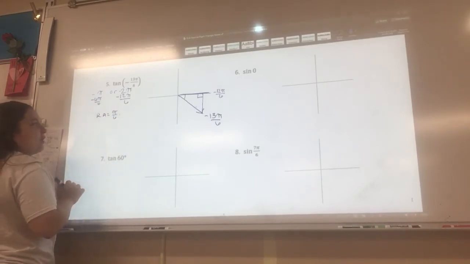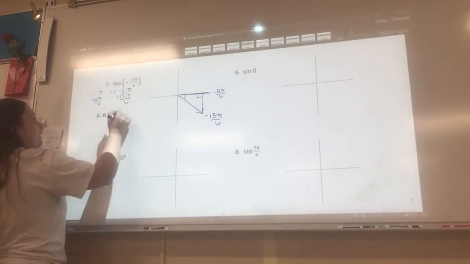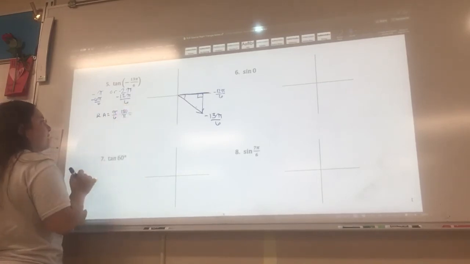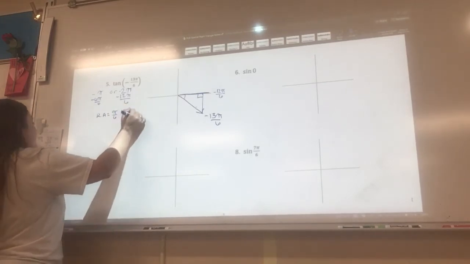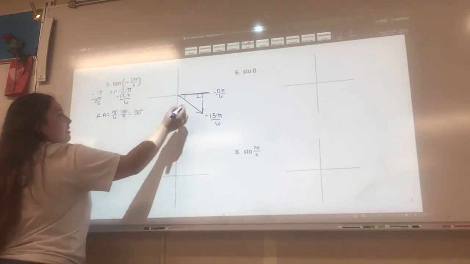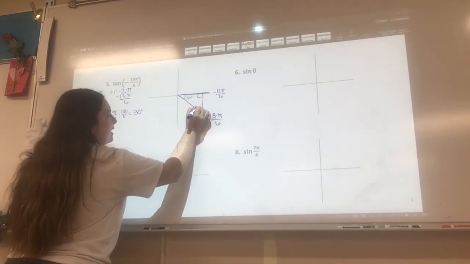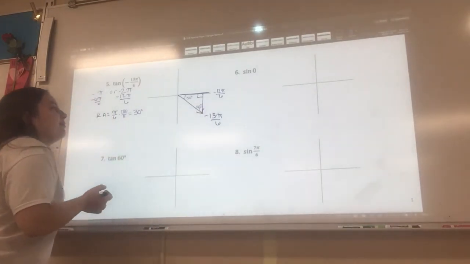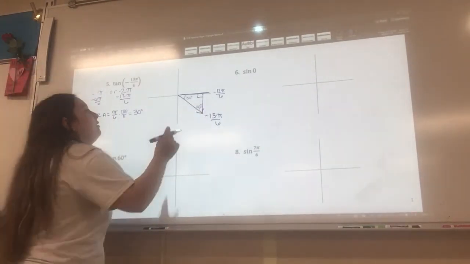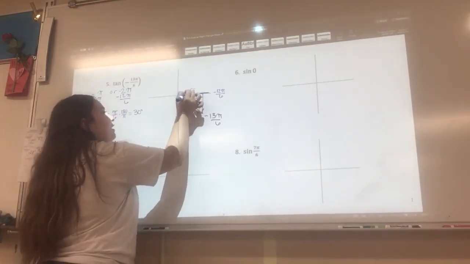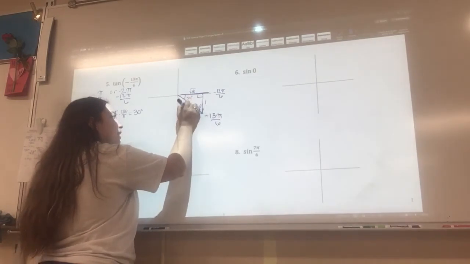So we need to convert it because we need a degree for our triangles to use our special side lengths. And we're going to see pi over 6 is the exact same thing as 30 degrees. So our reference angle is 30 degrees. So we have a 30, 60, 90. Remember in our 1, 2, square root of 3, our 3 is on this side, so that means our square root of 3 is here, our 1 is here, and our hypotenuse is 2.